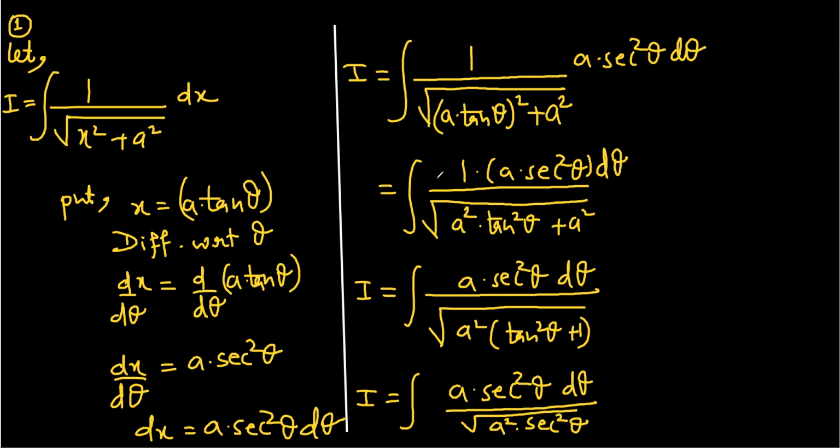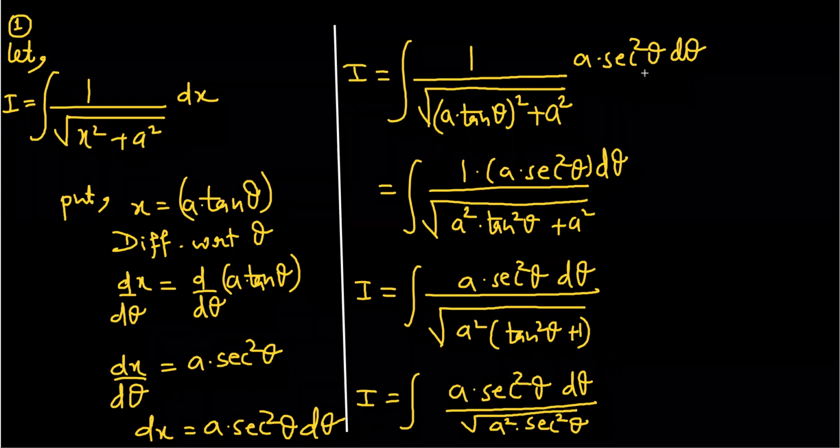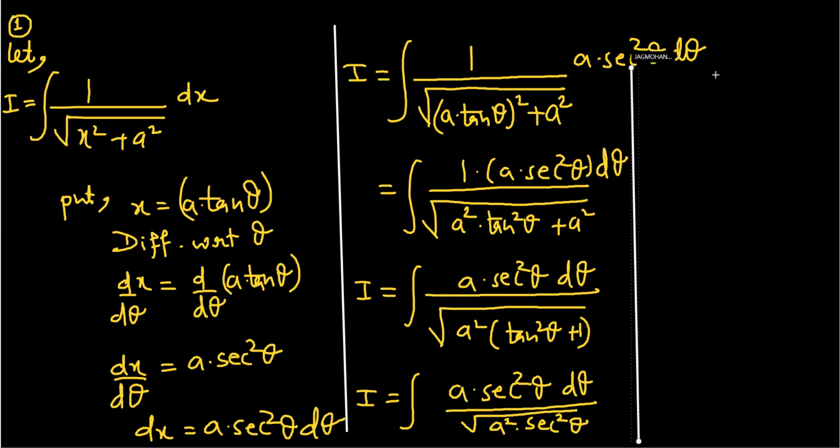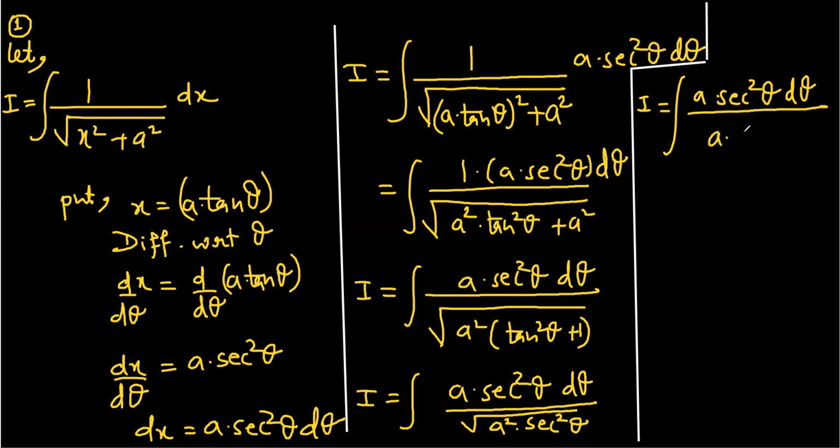Fantastic. So next, I equals the integral of a sec square theta d theta, and down here the square root of a square sec square theta is a sec theta.